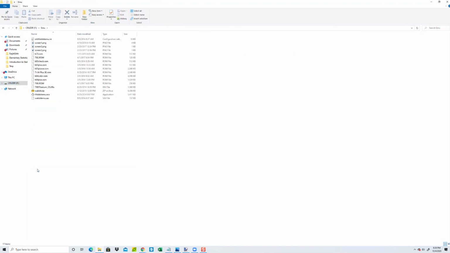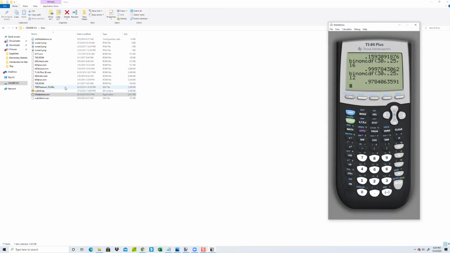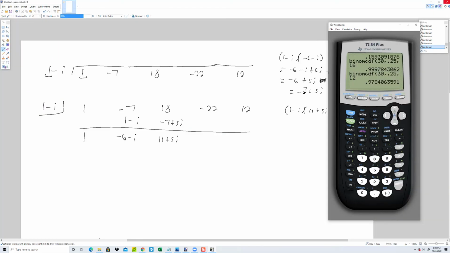You just have to be careful when you multiply them together. Okay, so 1 minus i times 11 plus 5i. There we go. 16 minus 6i.